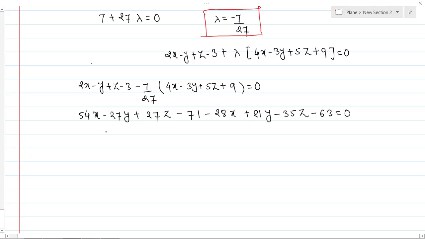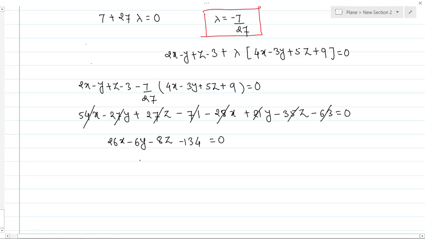So let's do the calculations here. 54x minus 28x gives 26x, minus 27y plus 21y gives minus 6y, 27z minus 35z gives minus 8z, and minus 81 minus 63 gives minus 144... it equals 0.